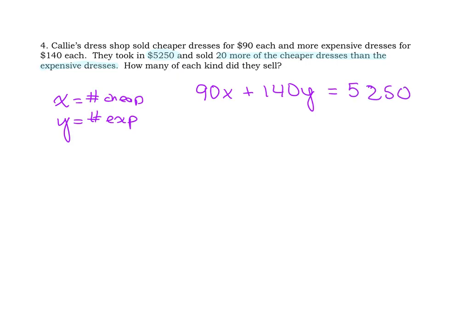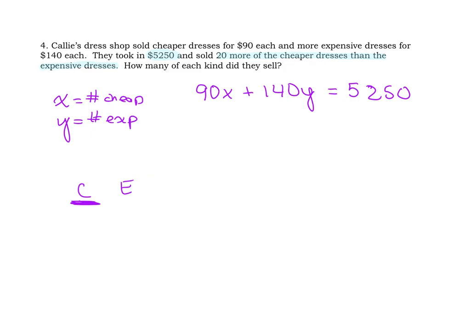Now this is the one that you've got to think about how you want to set it up. 20 more of the cheaper dresses than the expensive dresses. So I've got cheap and expensive. When I read that statement, there is more cheaper. They are bigger. So I can adjust cheaper to make it equal to the expensive, or I can add the difference to the expensive.